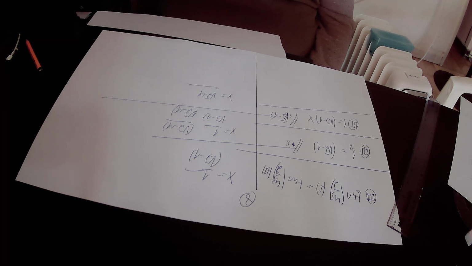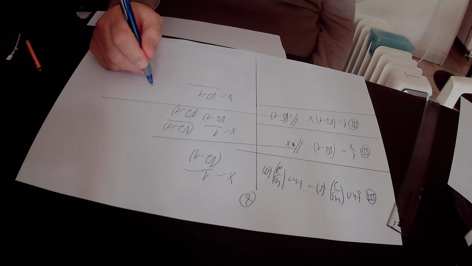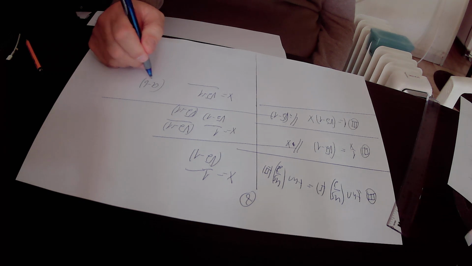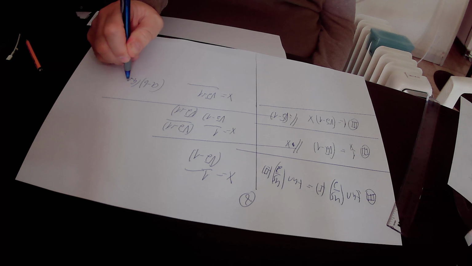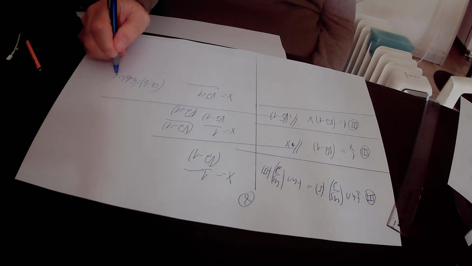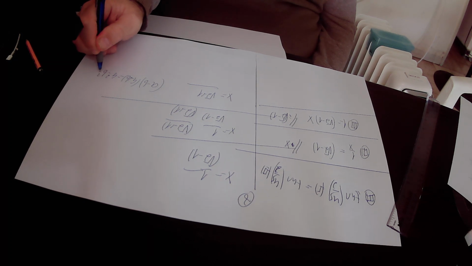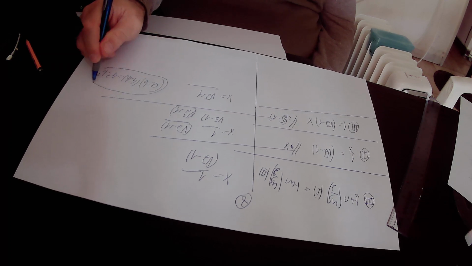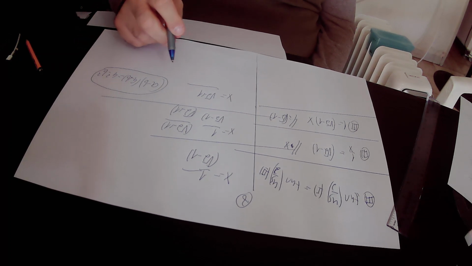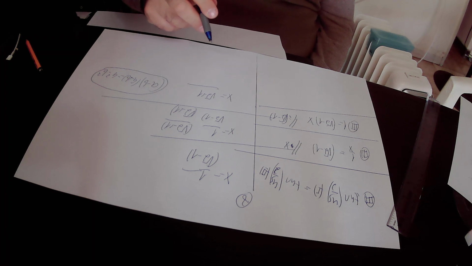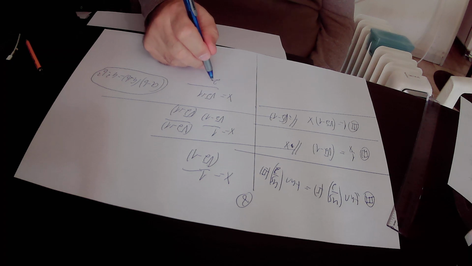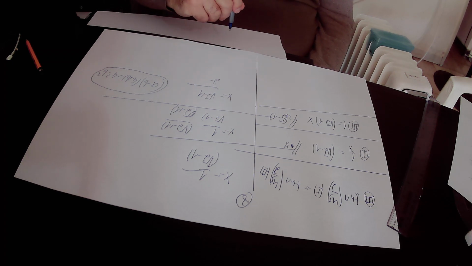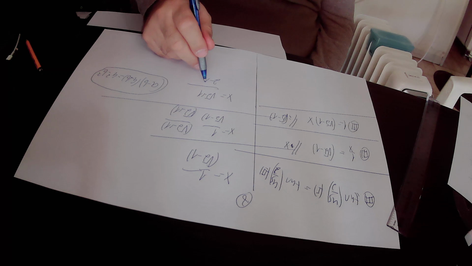Here we have the algebraic identity that a minus b times a plus b equals a squared minus b squared. So according to this identity, square root of 2 minus 1 times square root of 2 plus 1 equals the square root of 2 squared, that is 2, minus 1 squared, that is 1.